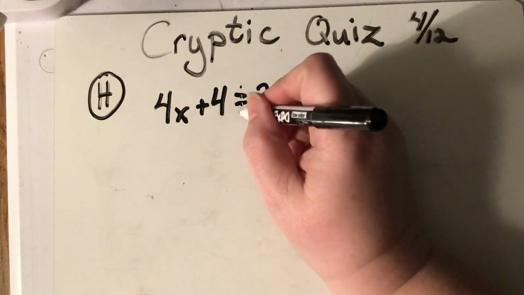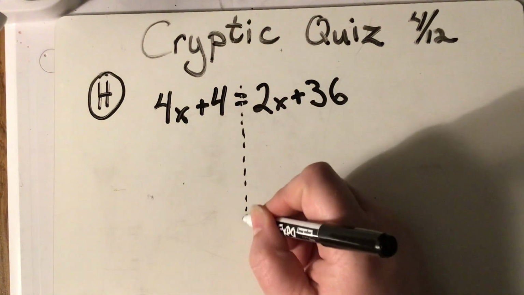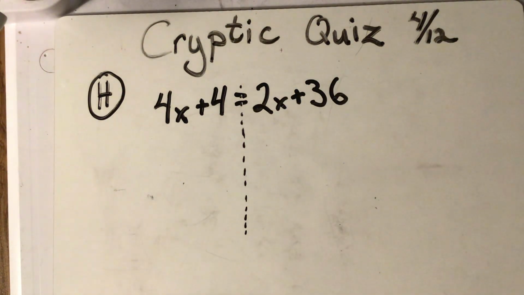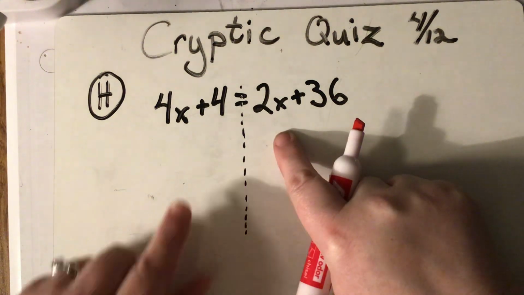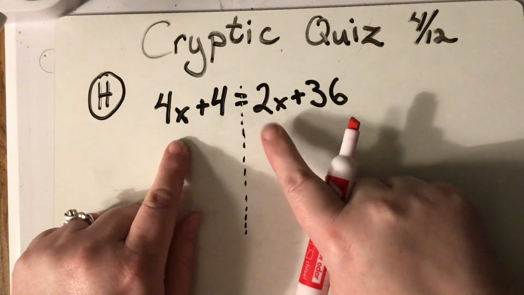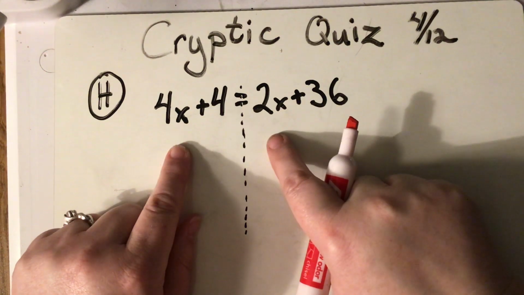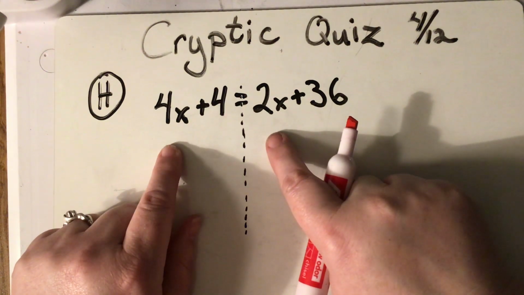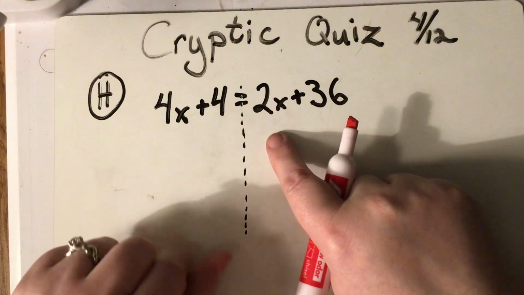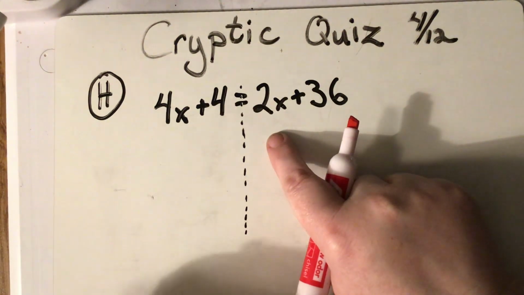So I'm going to make my little divider here so I know what side is what. All right, so I've got a 2x and I've got a 4x. I can move either of these. Now, they're both positive, so I know I'm going to have to subtract. I kind of don't want negative numbers because I'm really bad at negative numbers.